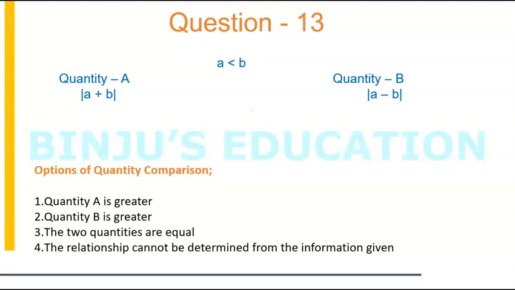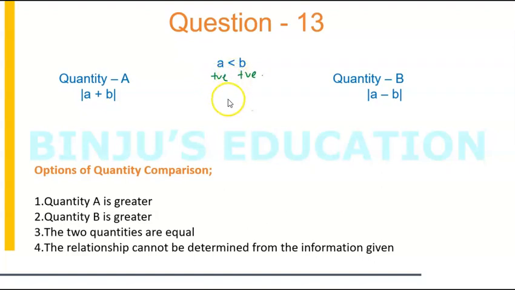All right, let's try this one. It says that A is less than B. Quantity A is mod of A plus B. Quantity B is mod of A minus B. Now what I'll actually think about in this question is the signs of A and B. If A is less than B, then if B is positive, A can be positive, right?